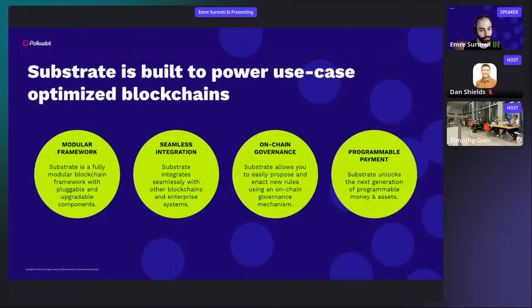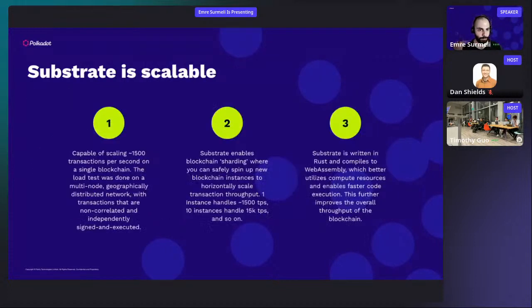You can choose to do the same if you were to build your own parachain, or choose to do it a different way. So that's this idea of scalability. Substrate has, through some of its consensus mechanisms, really fast transaction speed, which is a variable. It also compiles into WebAssembly, so your runtime is a WASM blob.